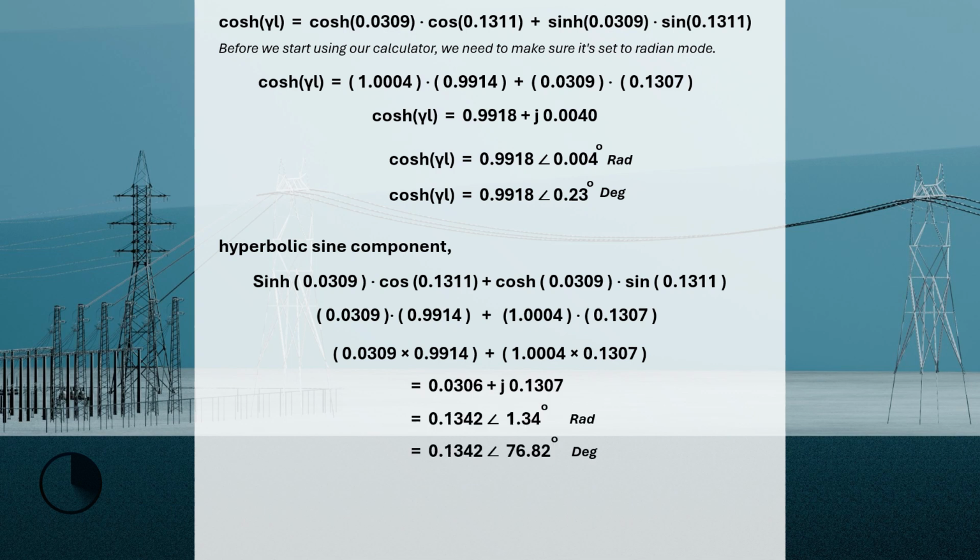Now, converted from rectangular form to polar form, the magnitude is 0.1342 and the angle is 1.34 radians, which is equivalent to 76.82 degrees. Therefore, sinh gamma L equals 0.1342 at an angle of 76.82 degrees.